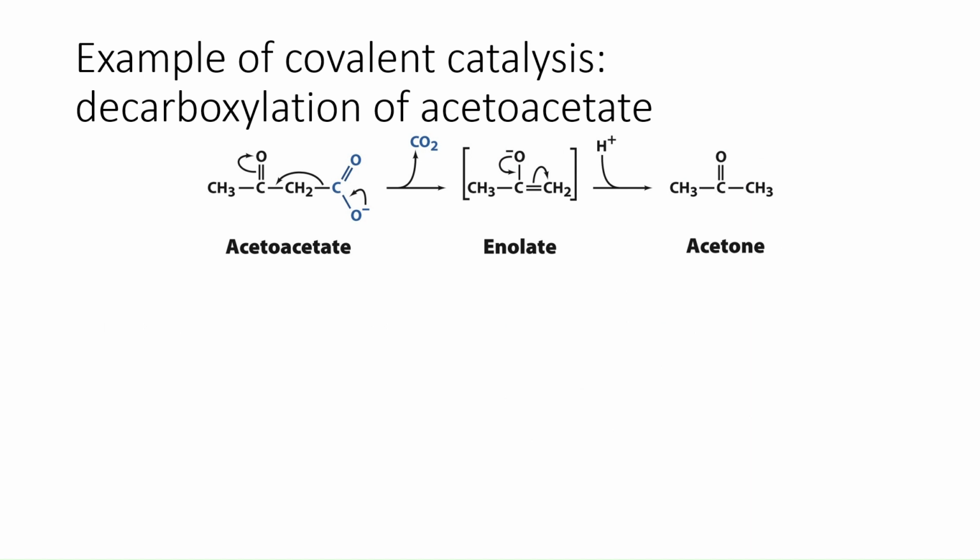So we see in this picture on the top the uncatalyzed version of this reaction where we have acetoacetate. We have this little carboxyl group on the end whose electrons are attacking nucleophilically over at this carbonyl carbon, and then the electrons are being pushed up to that carbonyl oxygen, which ultimately helps to release this carboxylate group as carbon dioxide.